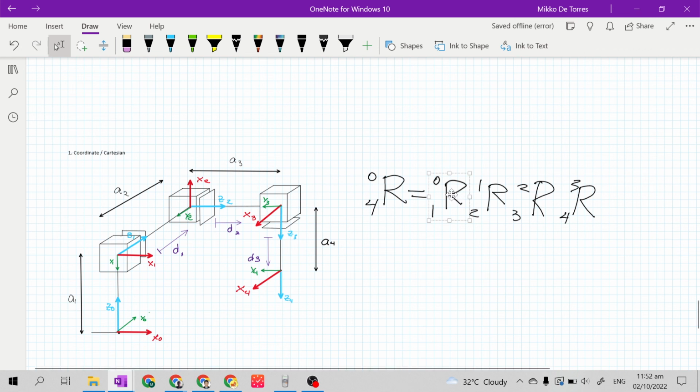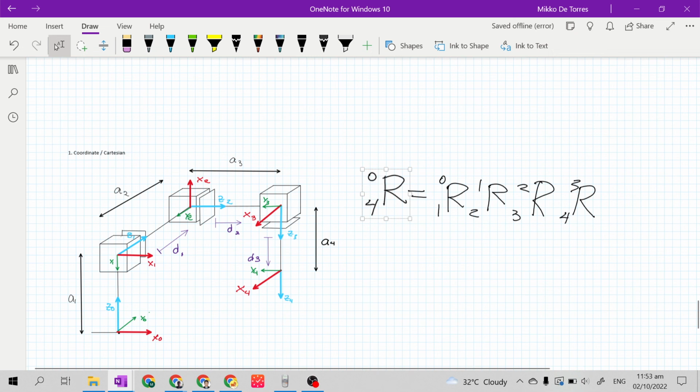So we should not multiply matrices like an ordinary number. If you multiply matrices, it should be in this order, based on the rotation matrix of the whole mechanical manipulator.